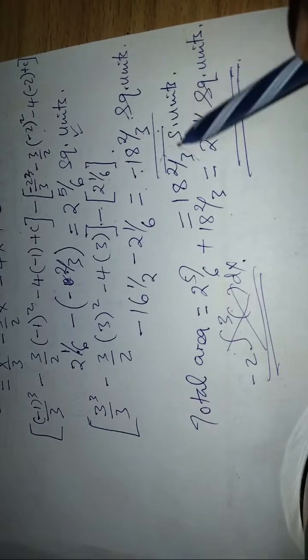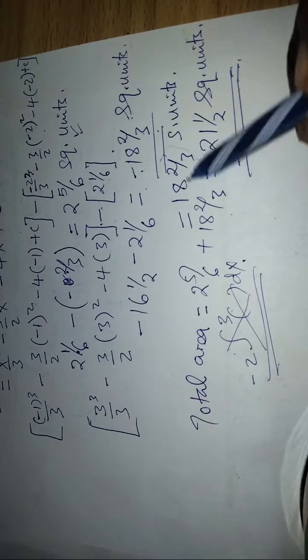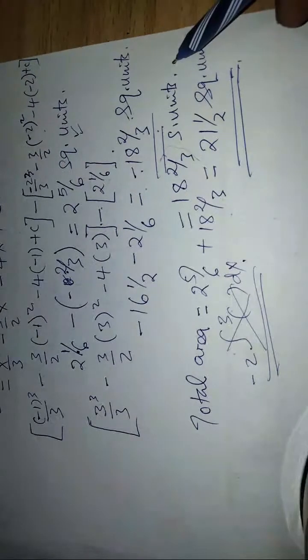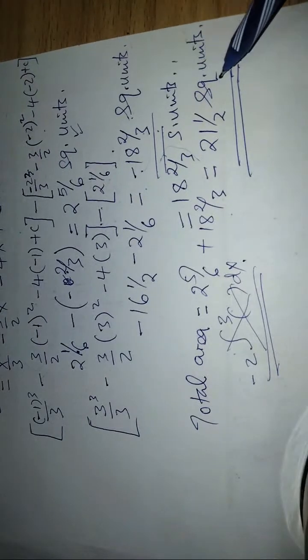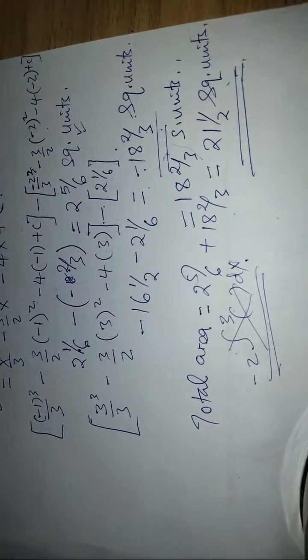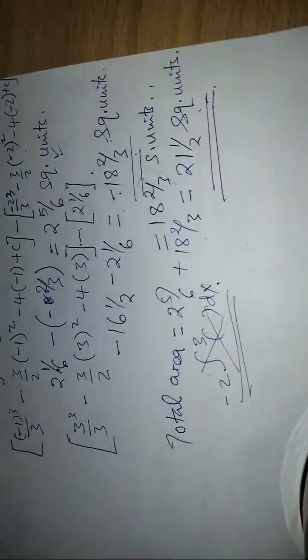We omit the negative and we have the area as 18 2/3 square units. Now this is the exact area by integration. We can look at the final question.